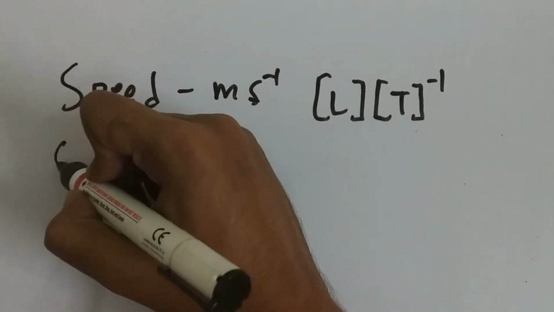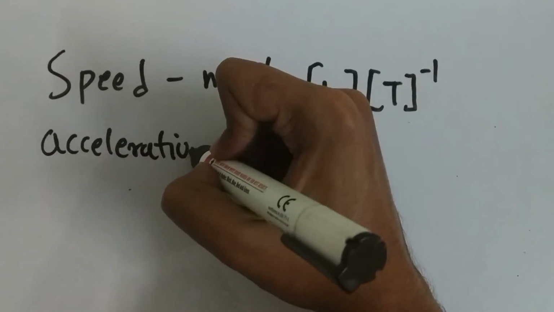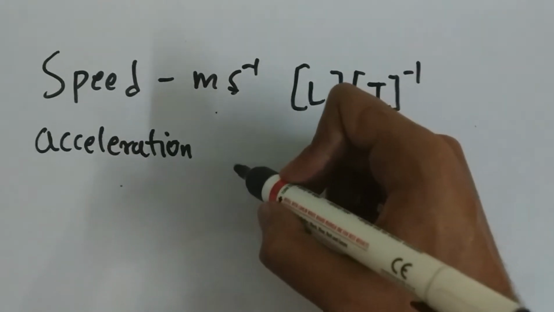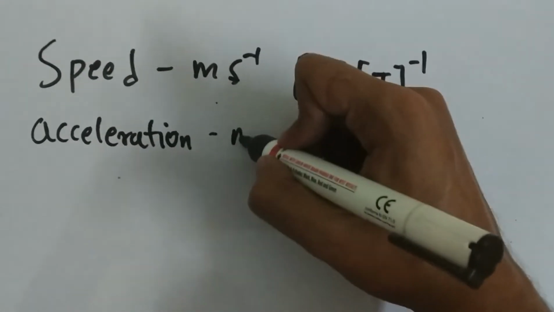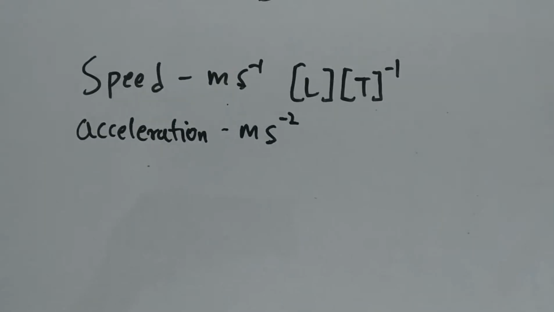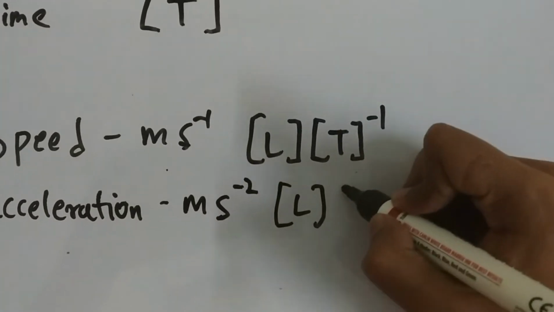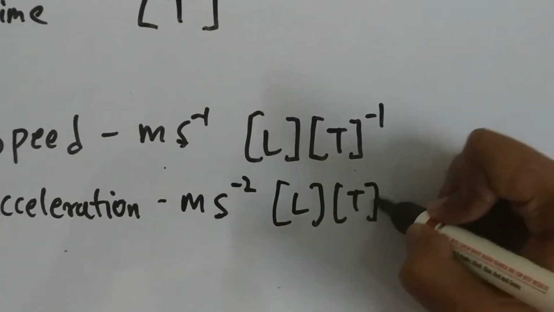You know what's acceleration? Acceleration is nothing but meter per second square. What are its dimensions? Length per time square.